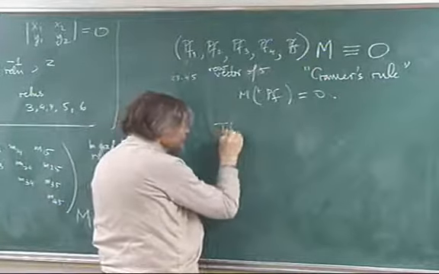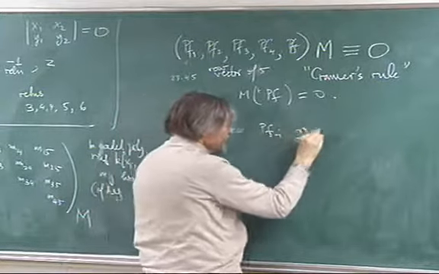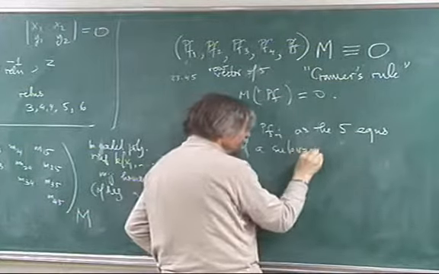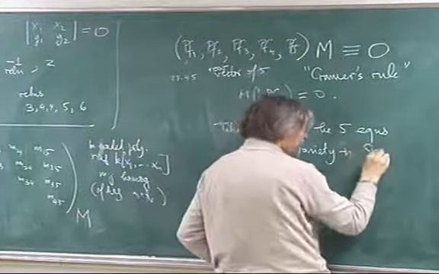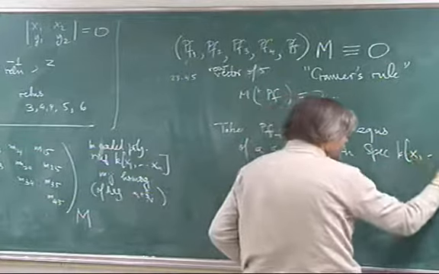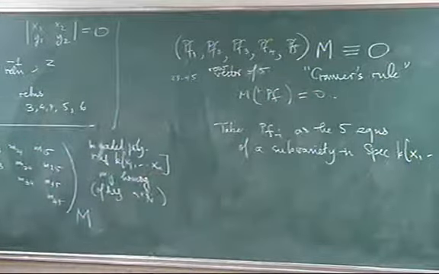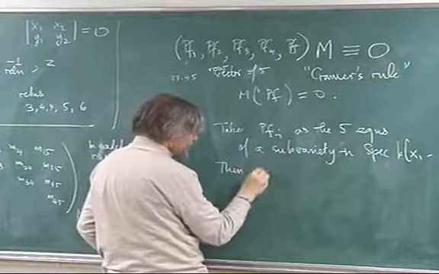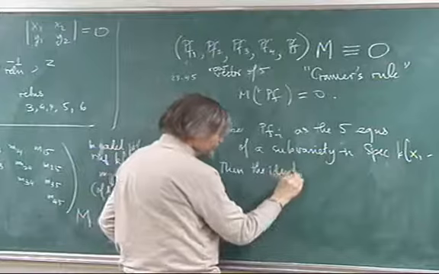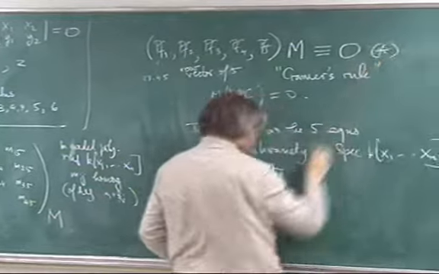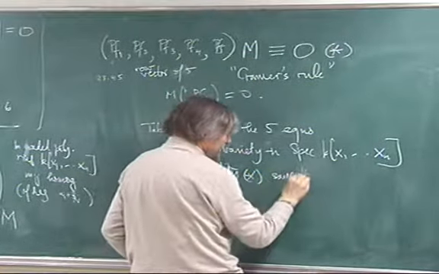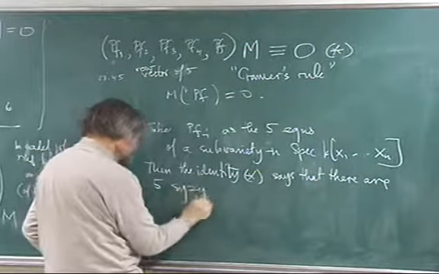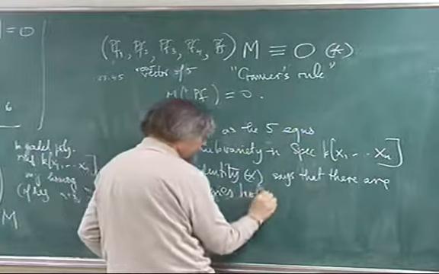Okay. So what's happening? If I take the f_i as the 5 equations of a subvariety in Spec of this ring K[x1, ..., xn], then the identity I just wrote down, the identity that I'm calling Cramer's rule, says that there are 5 syzygies holding between them.